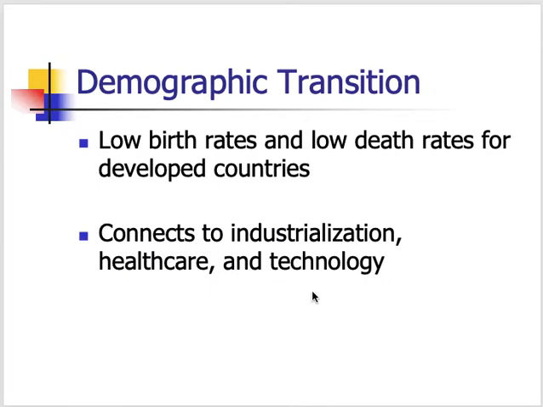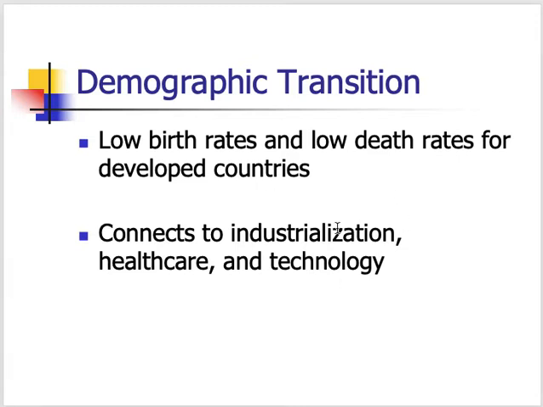Something else you need to know about is the demographic transition. If you're in AP Human Geo or Human Geo, you might have heard of this already. So the demographic transition, which I'll show you in one sec, is going to show us how humans go through these different stages that are connected to industrialization, healthcare, and technology.